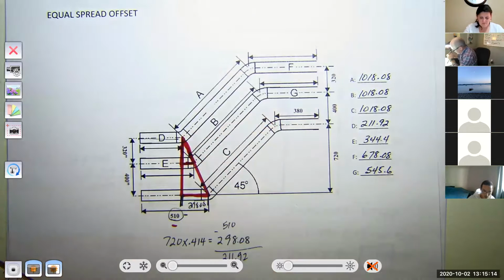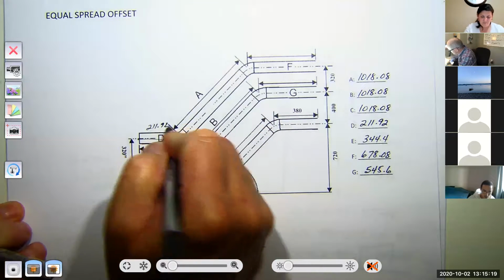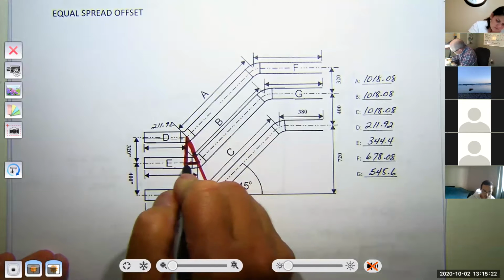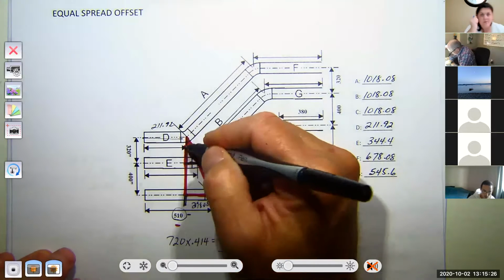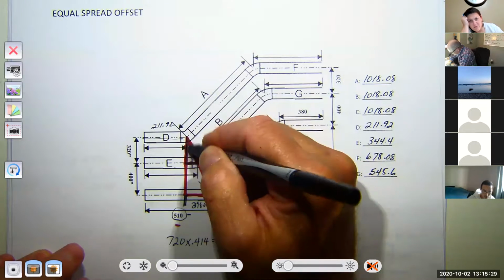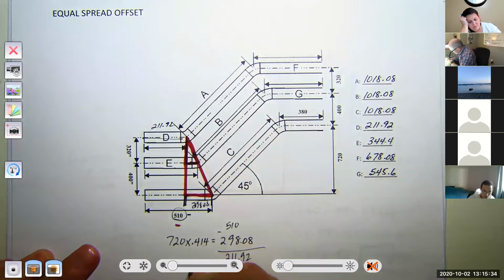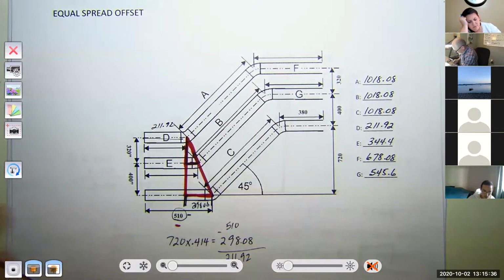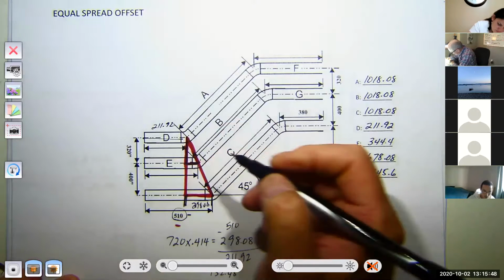I already know that D is 211.92, so I'm going to add this piece right here to D. So I'll take my run of 320 and times that by 0.414. So that's 132.48. So this piece right here is 132.48.